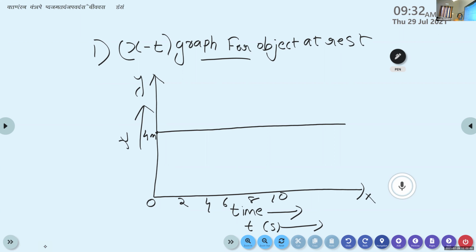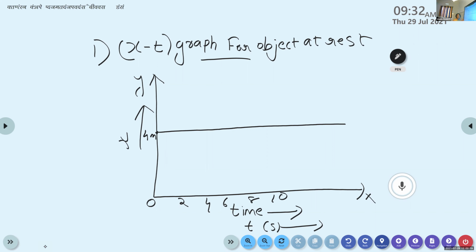What is the nature of the graph? Straight line. The graph is a straight line parallel to time axis. So this is the first case.